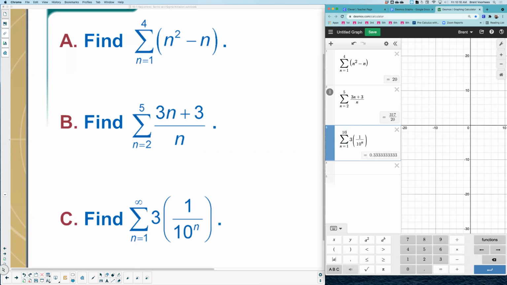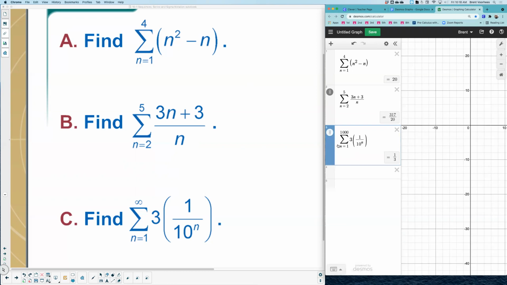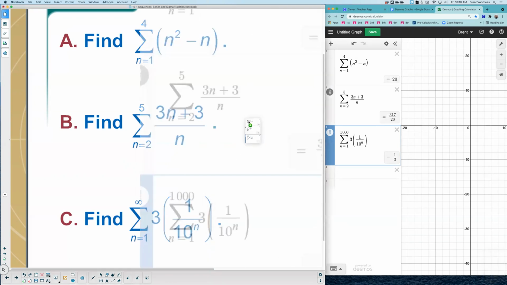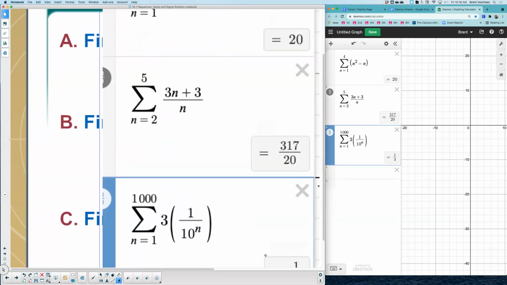Put 1,000 right there. If you put in 1,000, see if it'll give you a value. When you go fraction, what's it say the value is? 1/3. That is going to be your answer. So those are our 3 answers right there. Notice I did just substitute in over there.